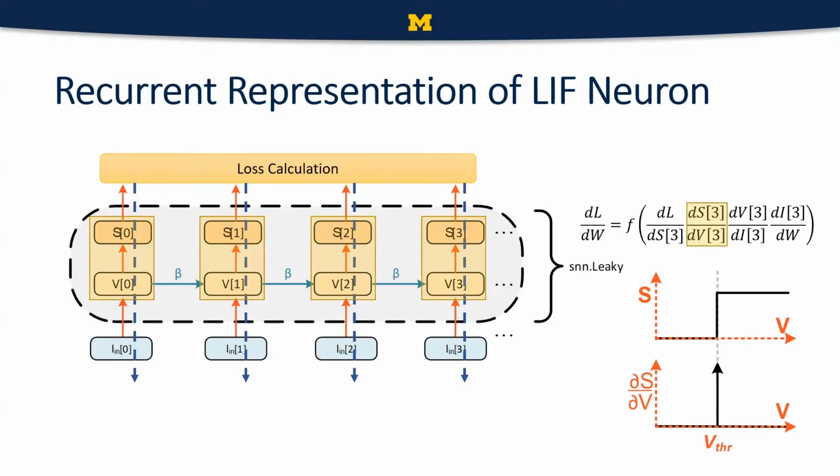So we've been taking the derivative of the Heaviside function and we get 0 everywhere. This term becomes 0 for almost all of time, and when it's not 0, it's infinite. So the gradient signal is effectively just swamped out. It effectively means that you can't train a network just by using gradient descent alone.